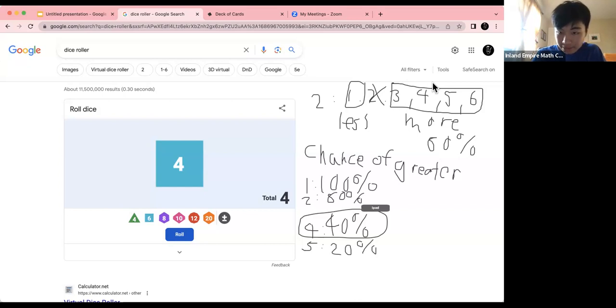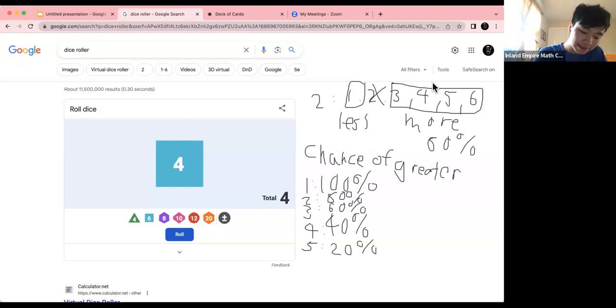And right here, I can actually tell that 3 is also going to be 60%. Why is it going to be 60%? Well, because we can notice a pattern here.